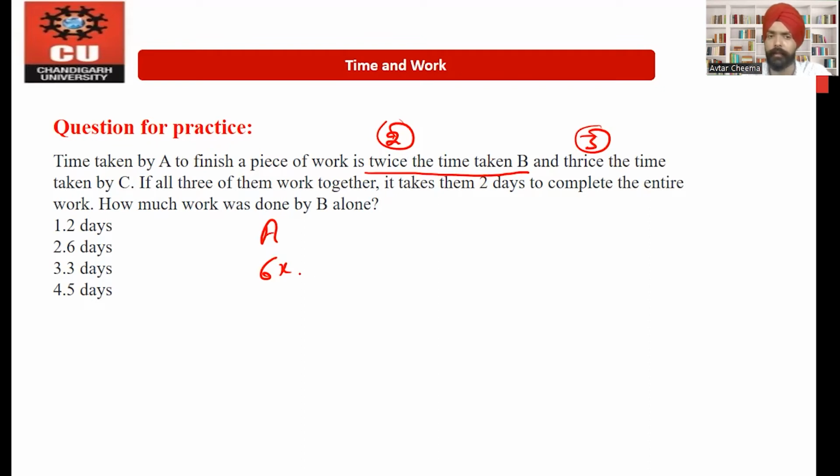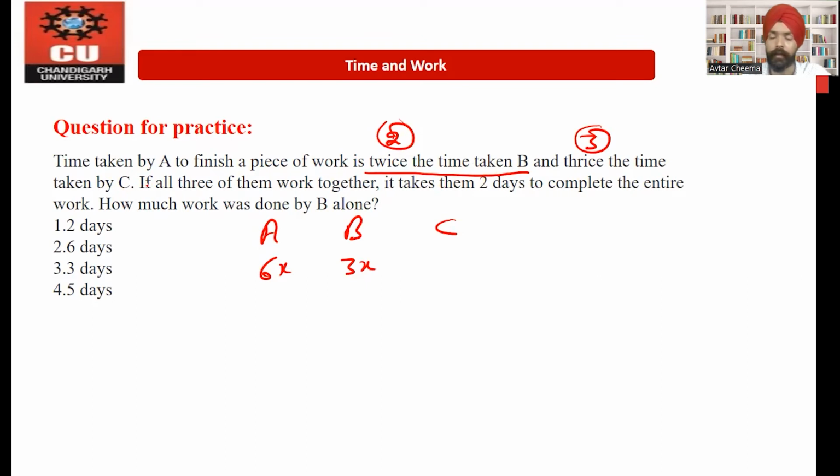Now, A finished the piece of work in twice the time taken by B, so B takes half the time. So that is 3x.